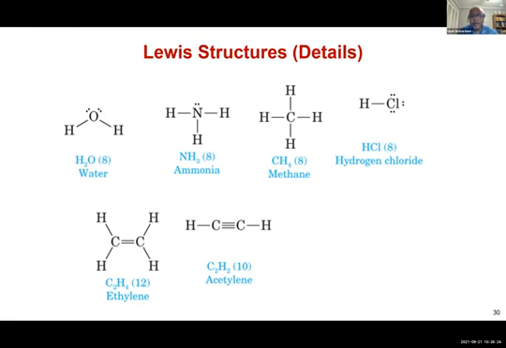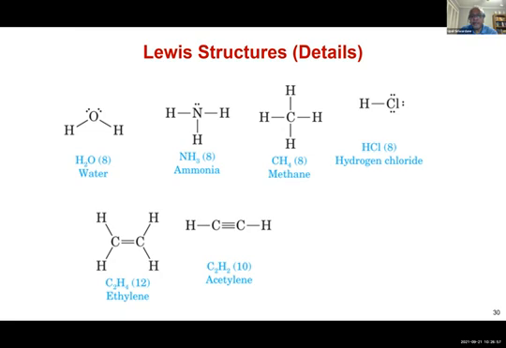Acetylene is another molecule with 2 carbon atoms but fewer hydrogens. It has 10 valence electrons, 4 from each carbon and 1 from each of the 2 hydrogens, which is 10 electrons, or 5 electron pairs. You first connect carbon-carbon with a single bond and carbon-hydrogen with single bonds.